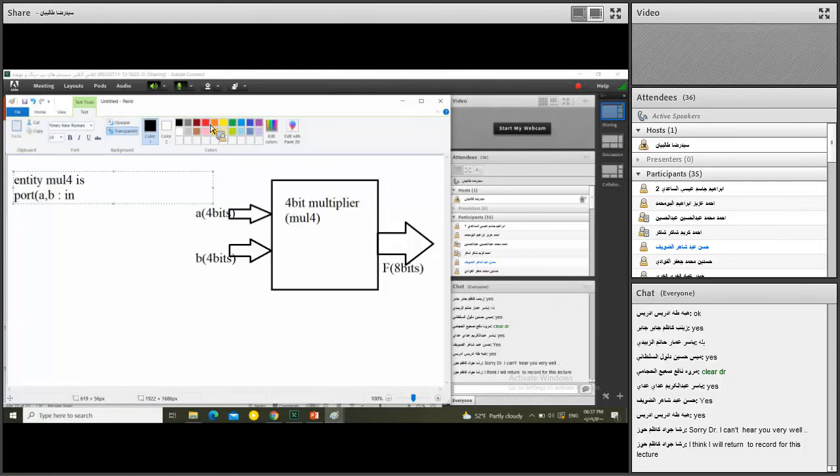Please see this. Bit vector. Okay, bit vector. It means that we have a vector of bits, and we must specify the dimension of this vector from, for example, 3 down to 0.